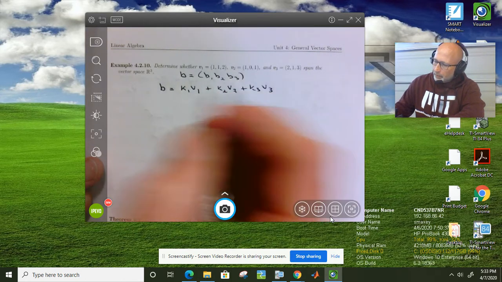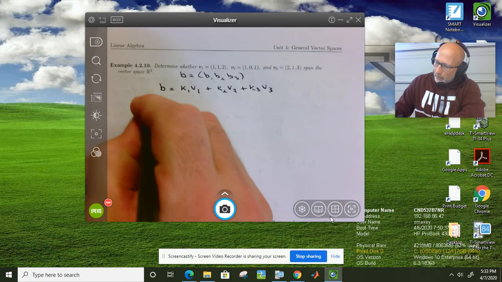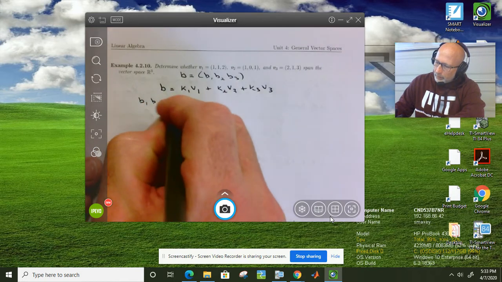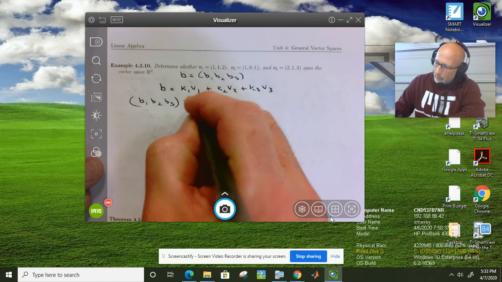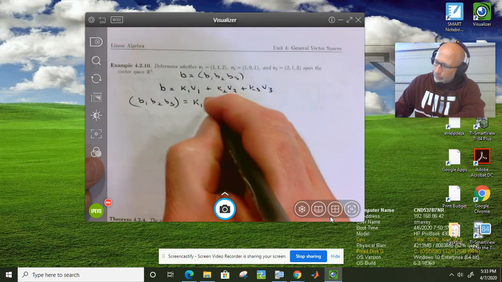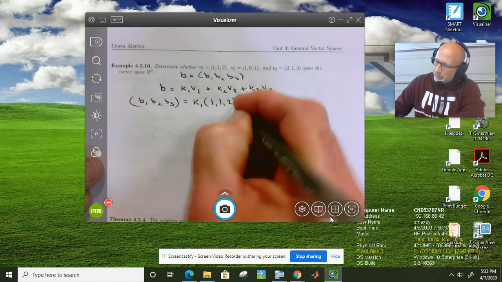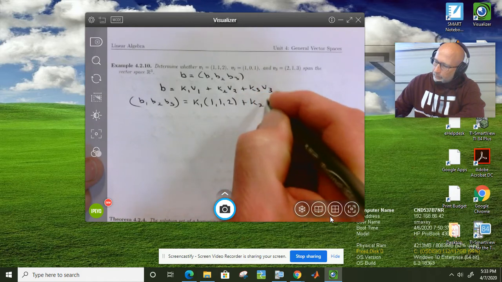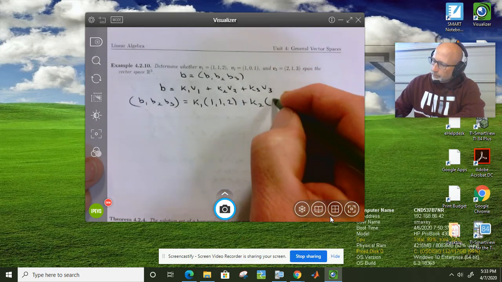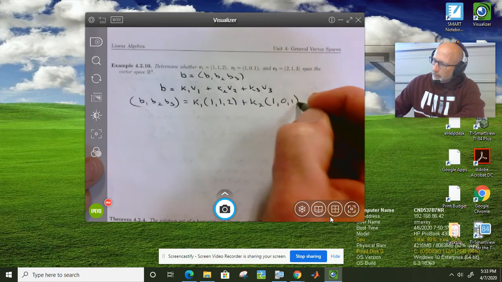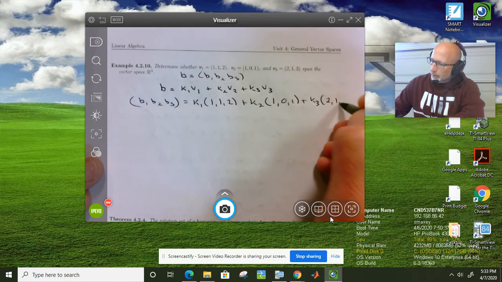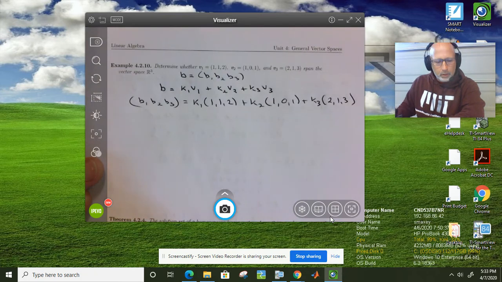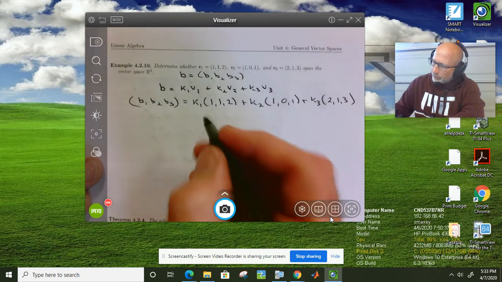Okay, so I'm going to go ahead and plug in all the components here. So I have B1, B2, B3, that is what the vector B is equal to: K1 times V1, and V1 is 1, 1, 2, plus some K2 times V2, which is the vector 1, 0, 1, and then plus some K3 times the vector 2, 1, 3. Okay, so now we're going to go ahead and set up the system of equations.